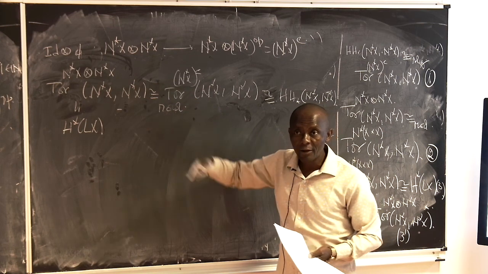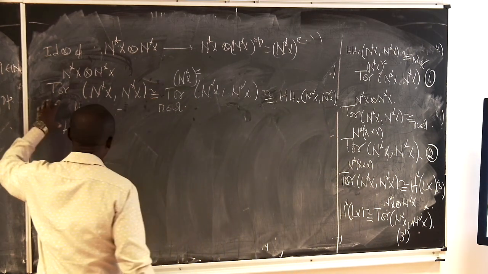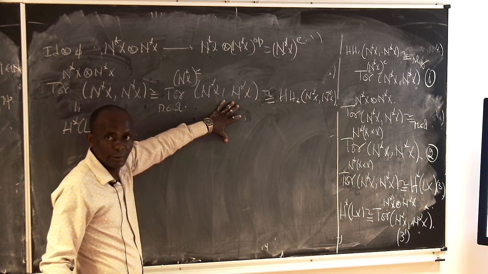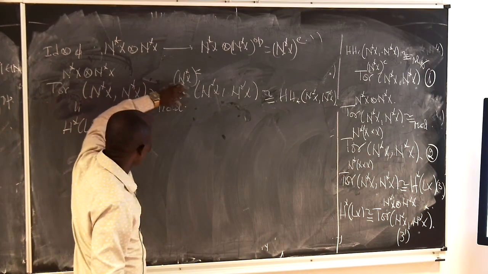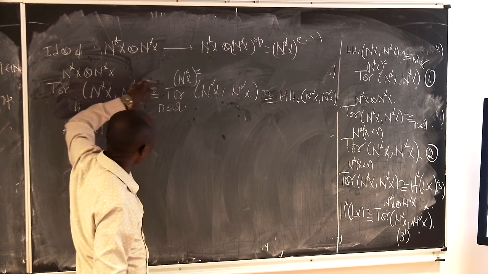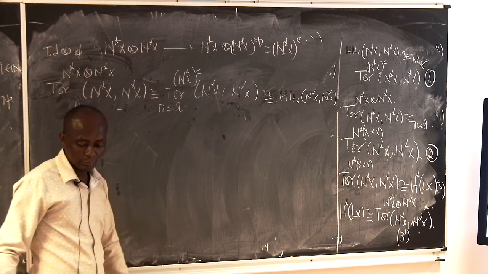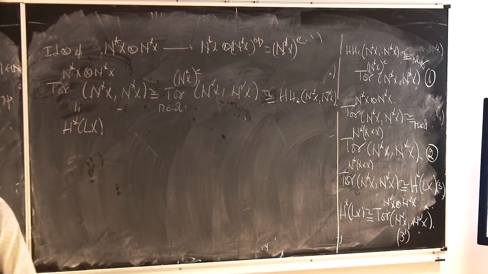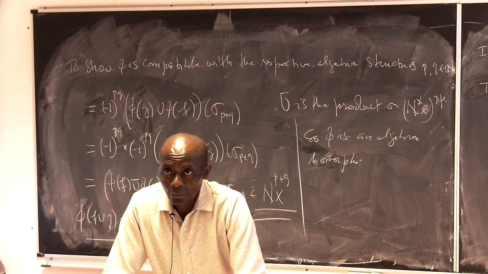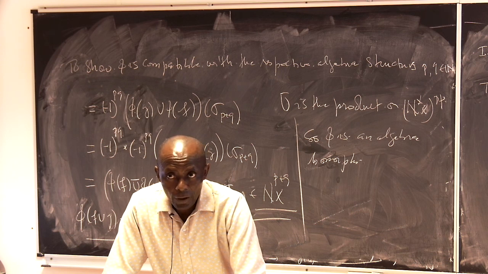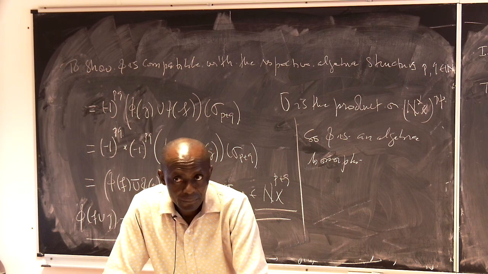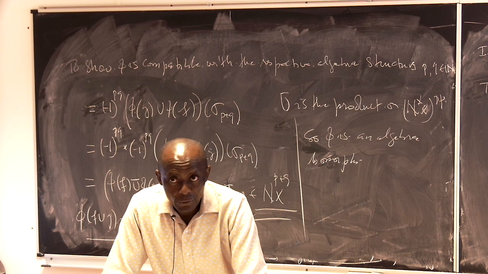And then we have shown that the two modules are not only isomorphic as modules, but they are isomorphic as algebras. Okay. So by this, we have tried to give a new proof of Jones' isomorphism by using the semi-free resolution, by giving an application of semi-free resolution to the topological case. Okay.